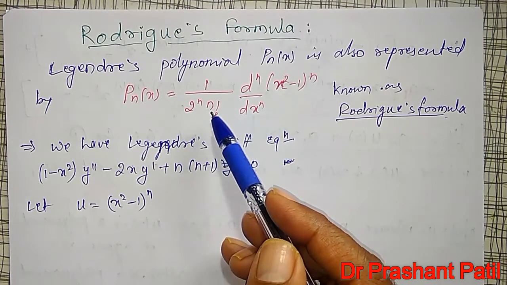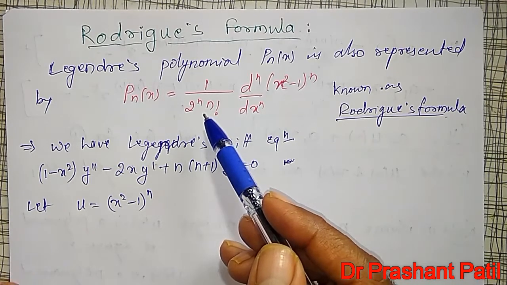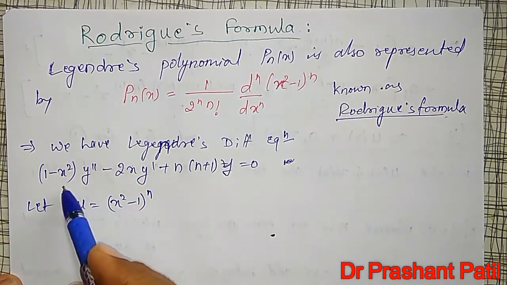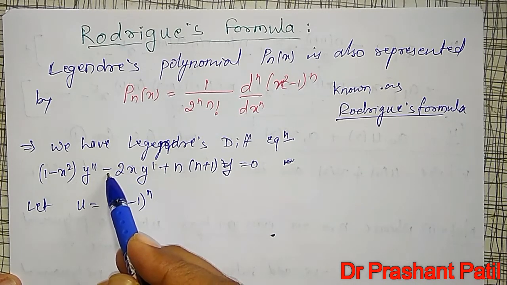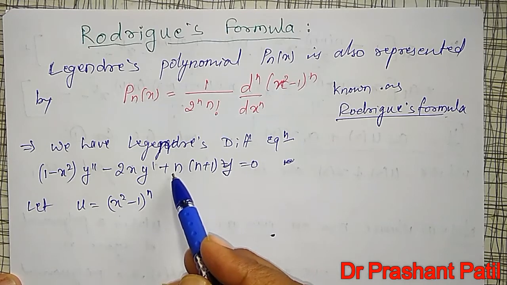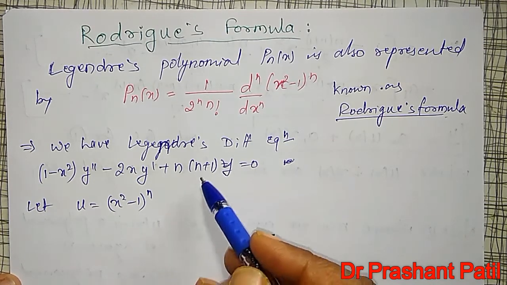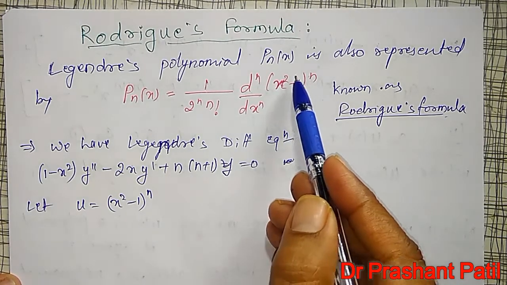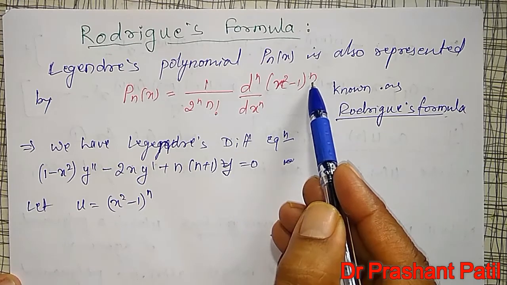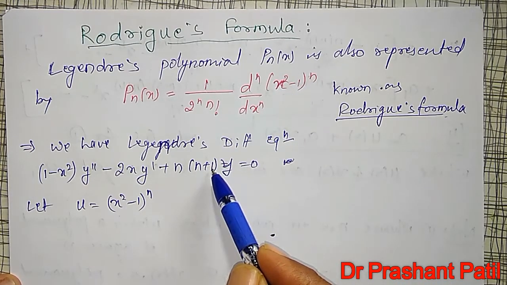This means it is a solution of Legendre's equation, which I have to show. I know that Legendre's differential equation is (1 minus x square) y double dash minus 2x y dash plus n(n plus 1) y equal to 0. Now, I have to show that the nth derivative of (x square minus 1) raised to n is the solution of Legendre's equation.